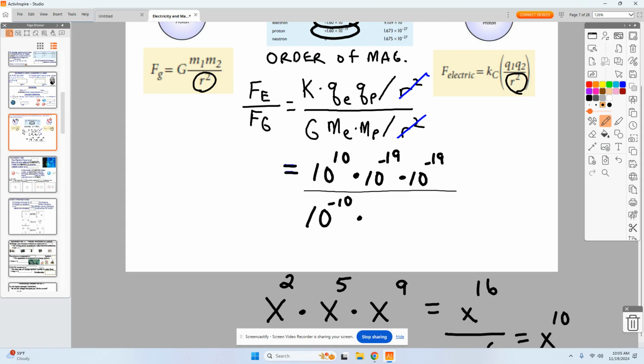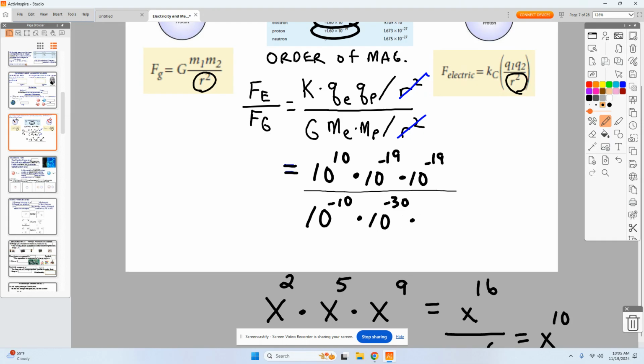Mass of the electron. Now again, you're not going to need a calculator for this, but I believe the mass of the electron is about 9 times 10 to the negative 31, correct? Is that what the table says? 9 is bigger than 5, so I'm going to take that negative 31 and make it negative 30. So the mass of the electron is 10 to the negative 30. And then I have to look at the mass of the proton.